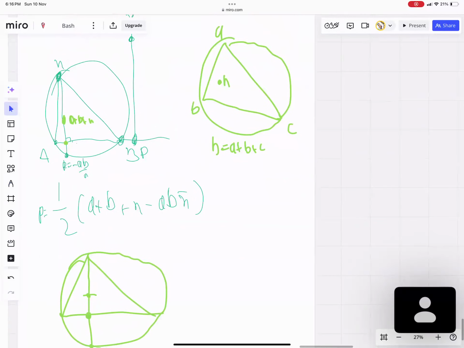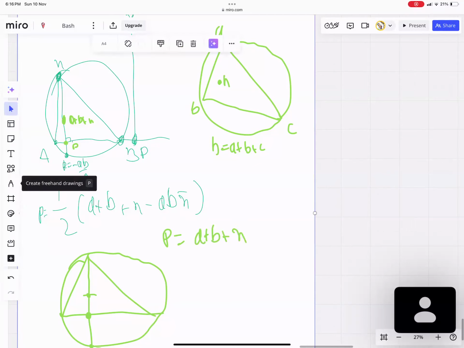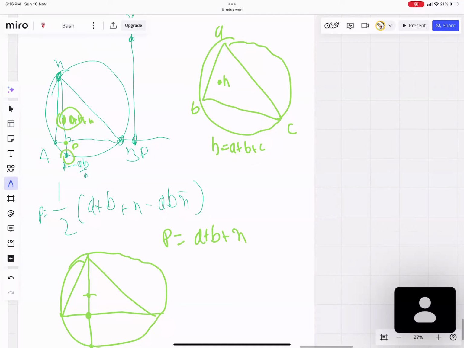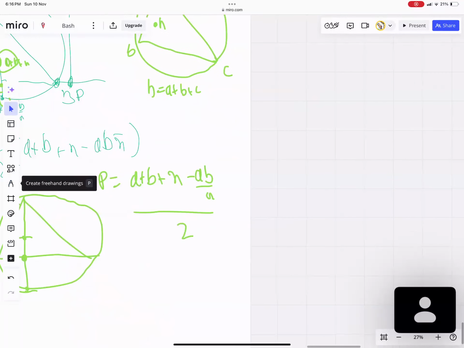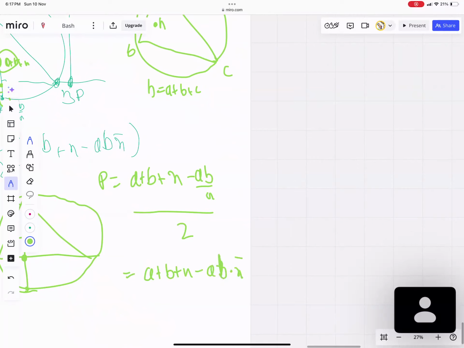So we get that this foot, which is meant to be P, we get P is equal to A plus B plus X, which is the orthocenter, and this point's midpoint, minus AB by X by P. And we know that since X is on the unit circle, we get that this is equal to A plus B plus X minus AB into X conjugate by 2.